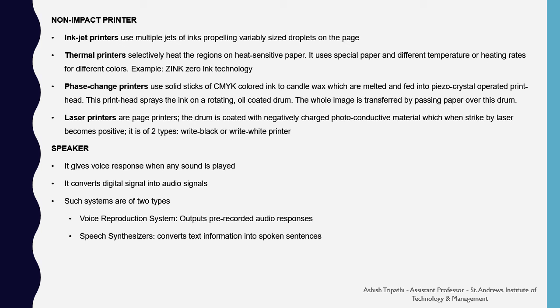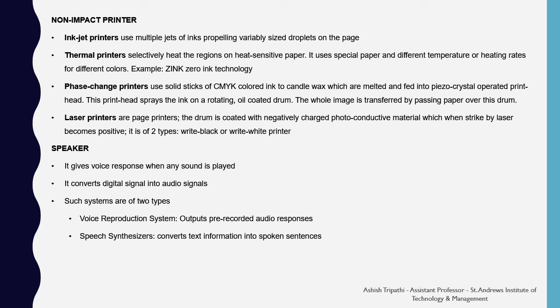Phase change printer. It uses solid sticks of CMYK, that is cyan, magenta, yellow and black color ink, in candle wax form, which are melted and fed into a piezo crystal operated print head. This print head sprays the ink on a rotating oil based drum.